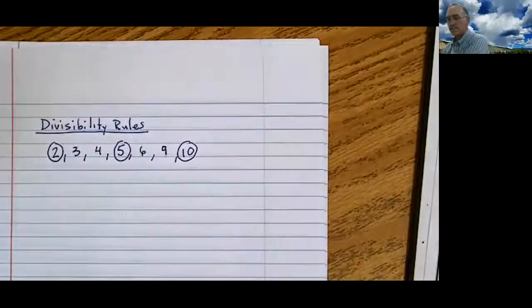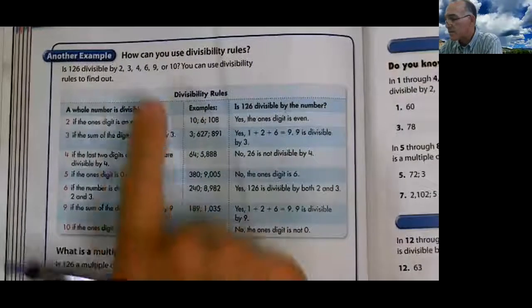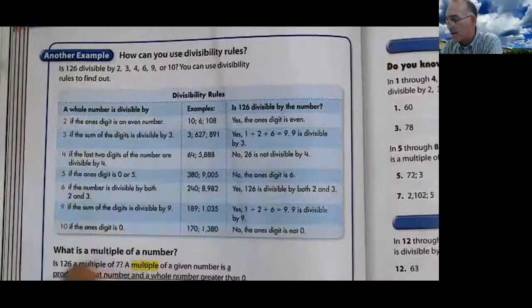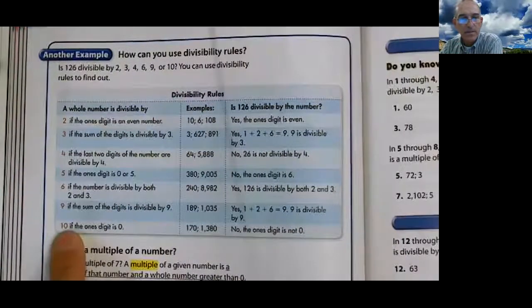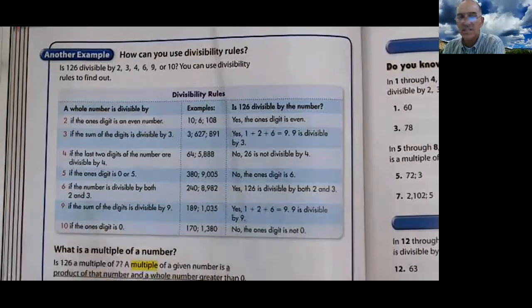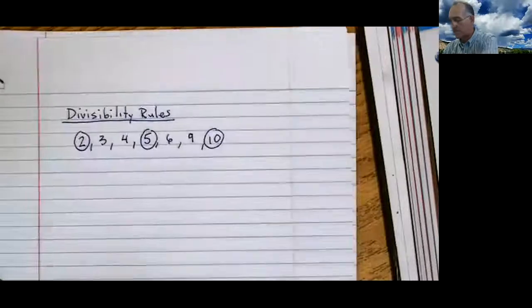Divisible by 10. Here's the rule. A whole number is divisible by 10 if the ones digit is a 0. Sorry, let me get another piece of paper.